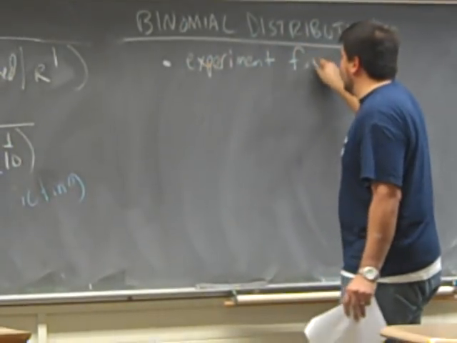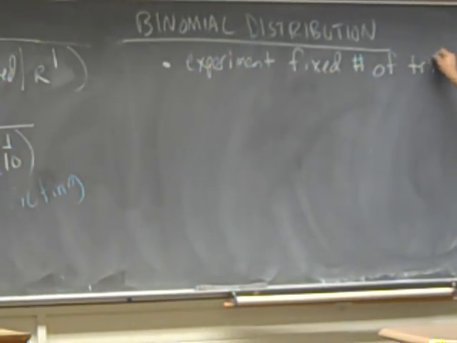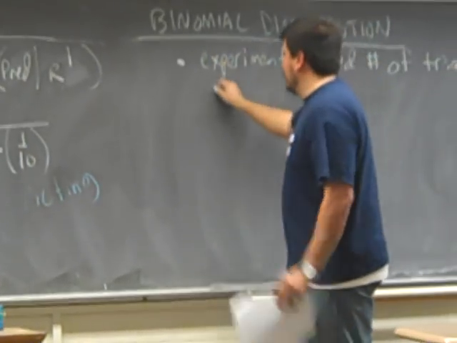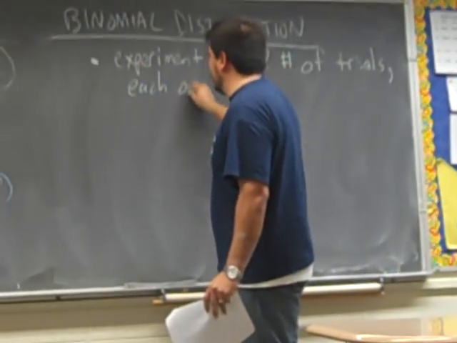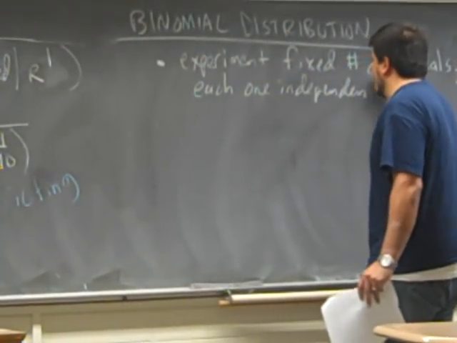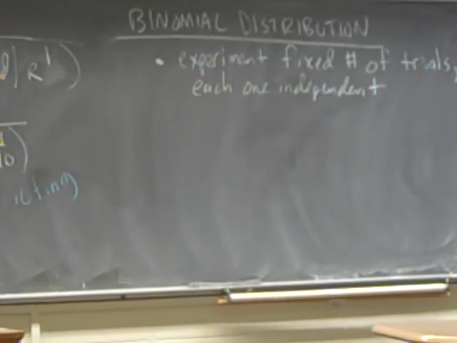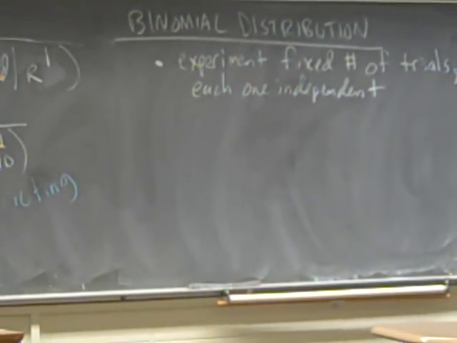with a fixed number of trials and each one independent of the other. So each trial is independent. In other words, the outcome of one particular trial is not going to affect all the other trials that are going to be run.